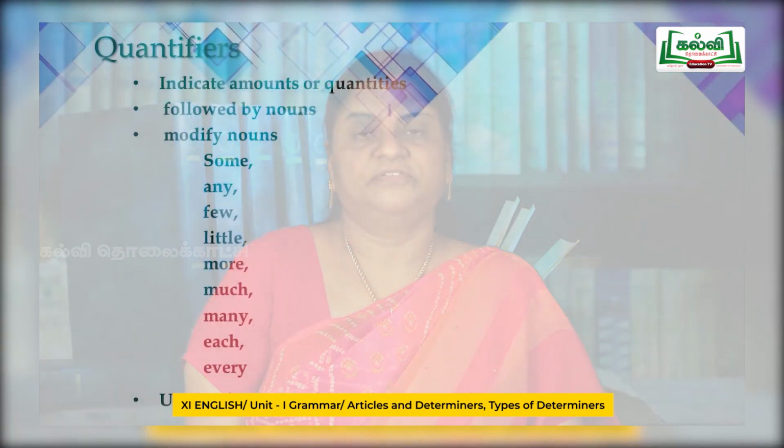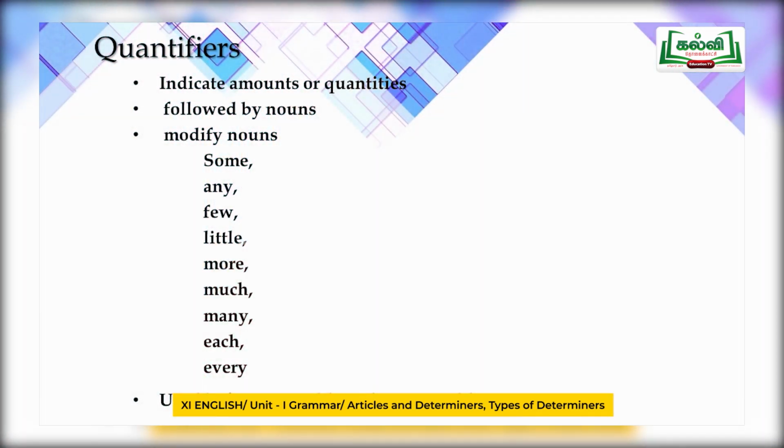Next one is quantifiers. Quantifiers indicate amounts or quantity. This quantifier is also followed by nouns. It modifies nouns. This is used for countable and also for uncountable nouns. The words used as quantifiers are some, any, few, little, more, much, many, each, every.